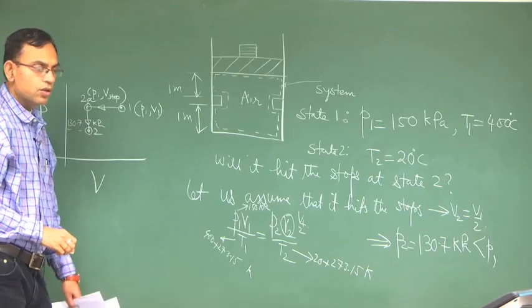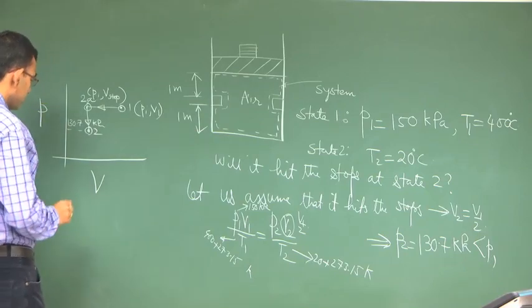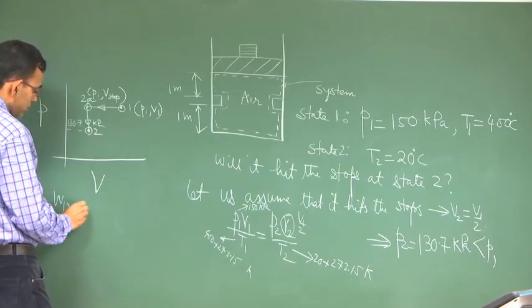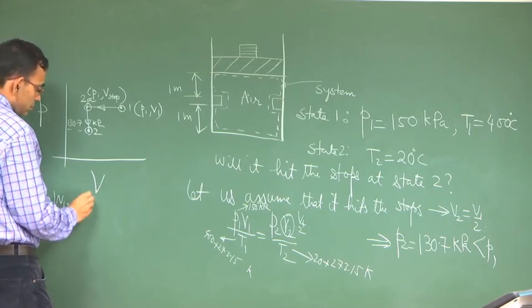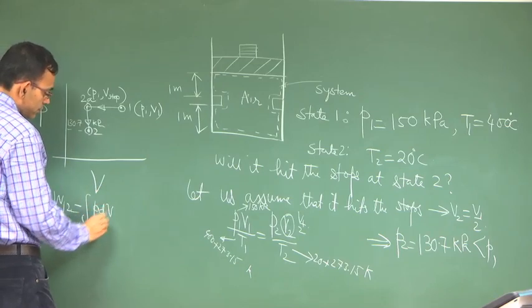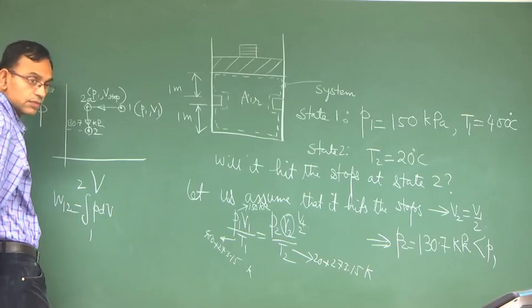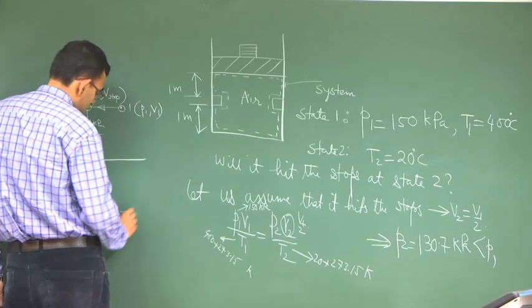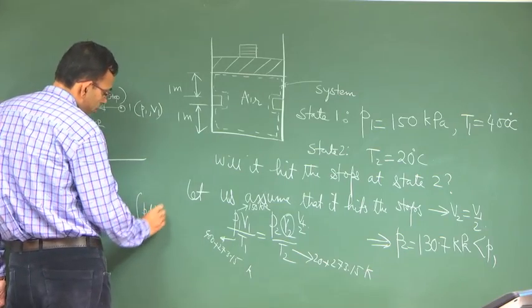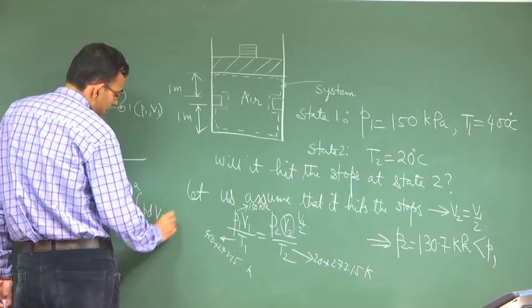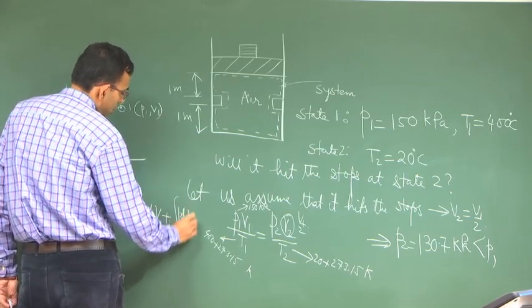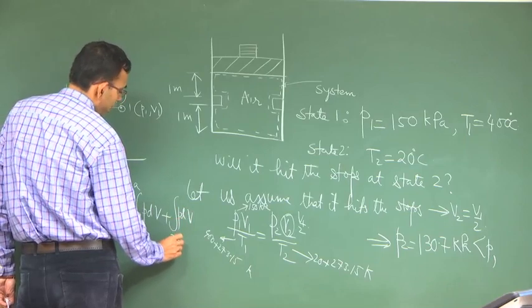Okay. So, what is the work done? This is integral PdV from 1 to 2A plus integral PdV from 2A to 2.